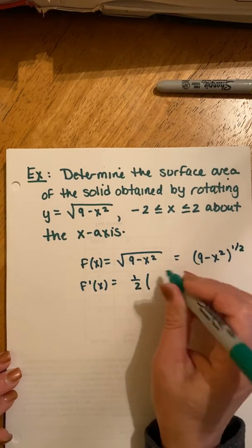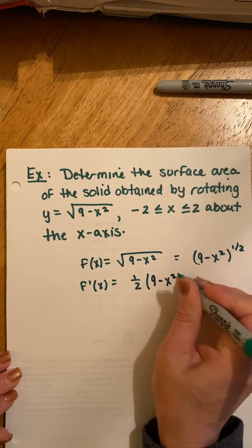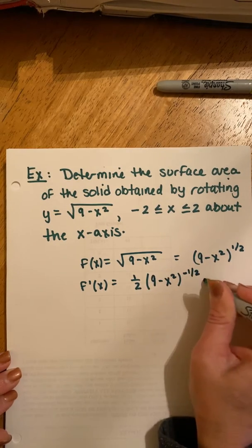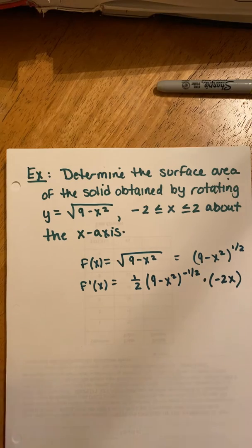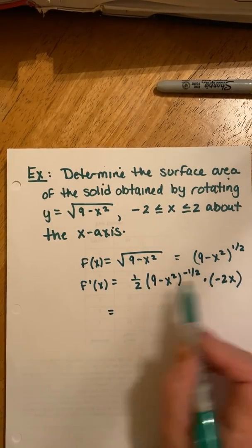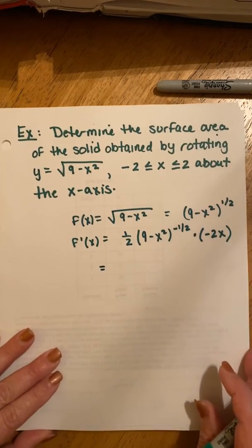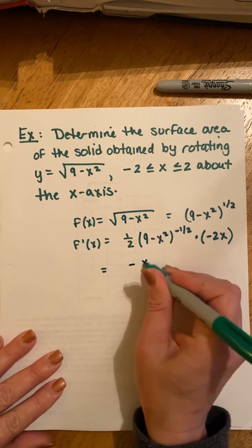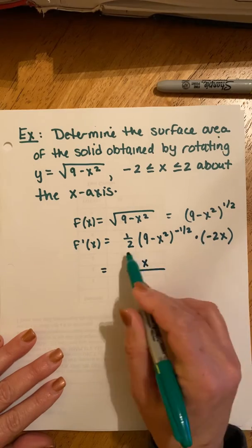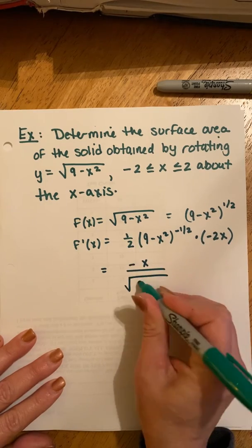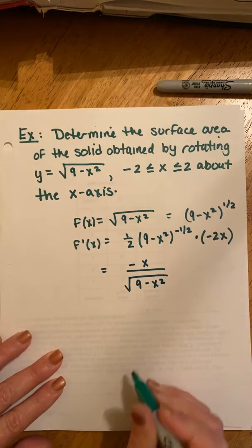Bring the 1/2 out front, leave what's inside alone, drop the power by 1, times the derivative of what's inside. Clean that up a little bit. Those 2's cancel out. I'm going to get negative x all over the square root of 9 minus x squared.